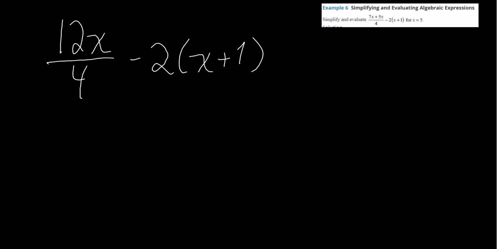Okay, well, 12x over 4, I can reduce that, right? 12 over 4 is just 3, so we can say 3x minus, and actually, no, we don't have to distribute.